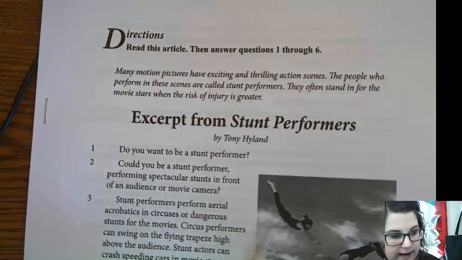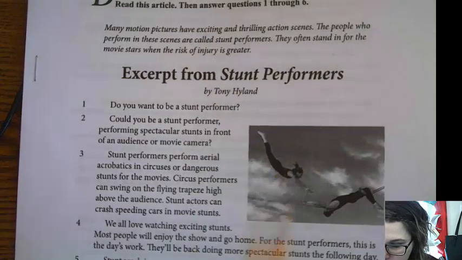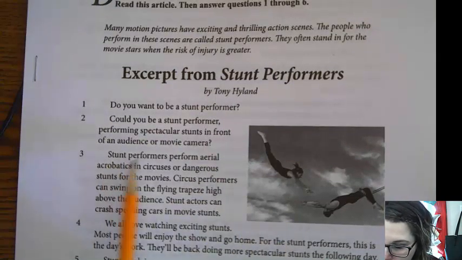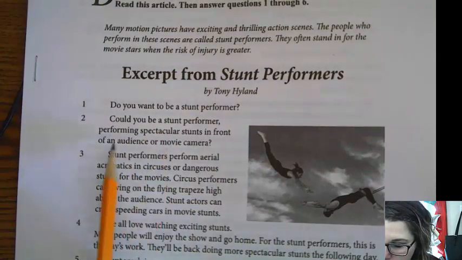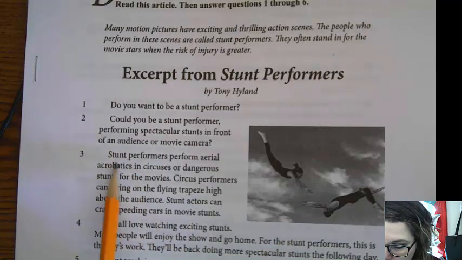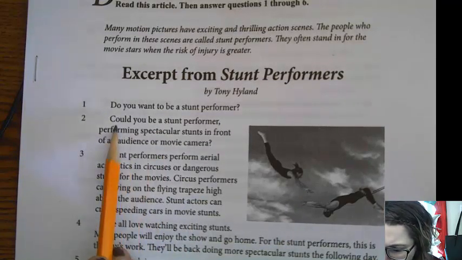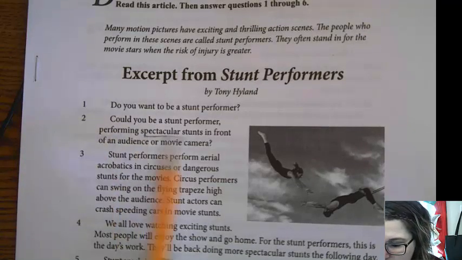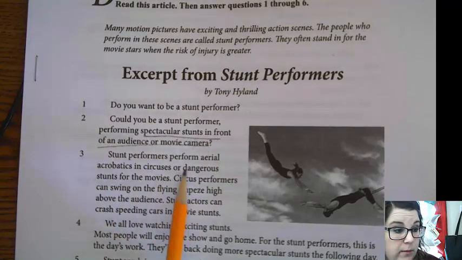So I'm going to say, I can move in here, stunt performers need to be able to, let's see, could you be a stunt performer performing spectacular stunts in front of an audience or a movie camera? I think that talks about how it's unique right there.